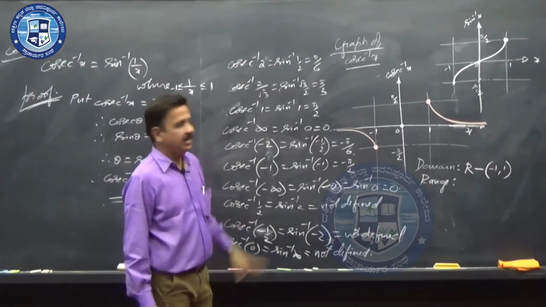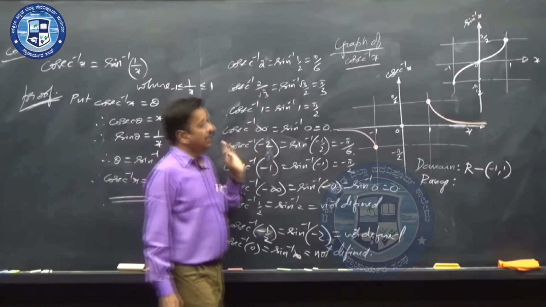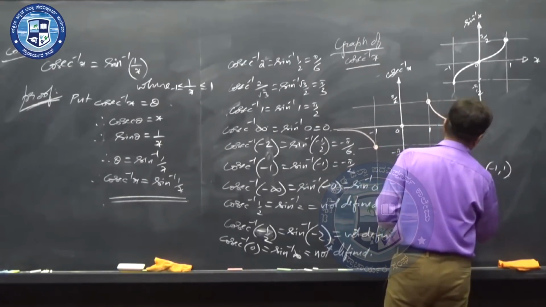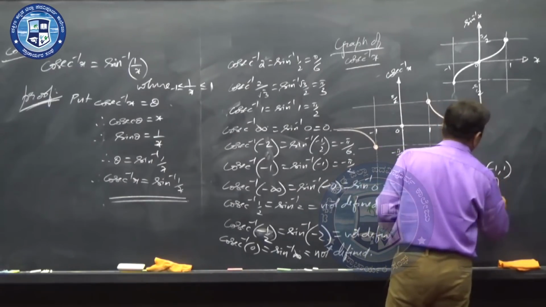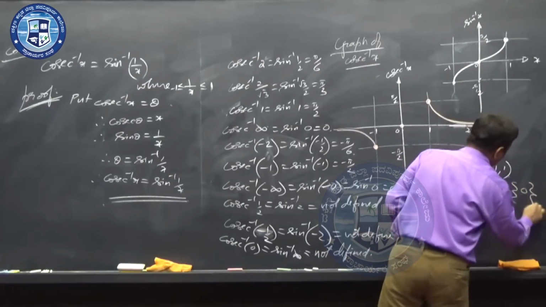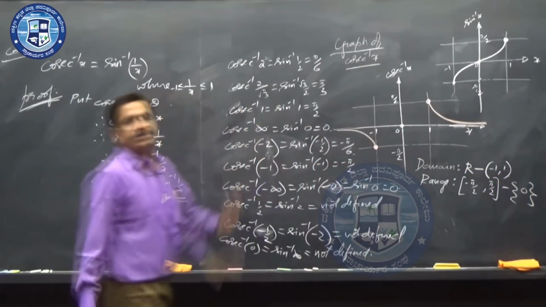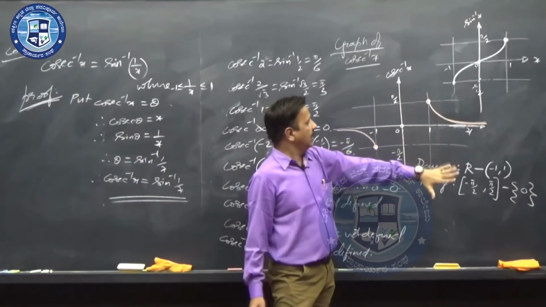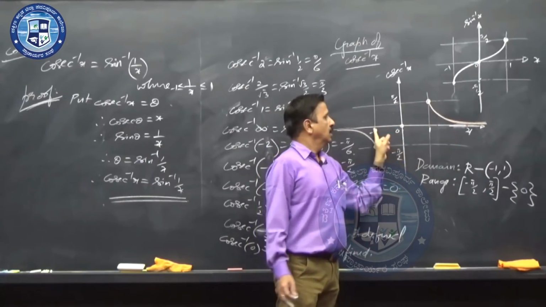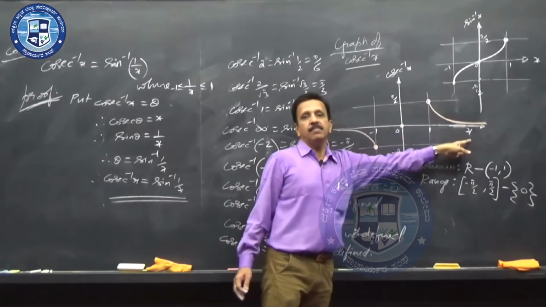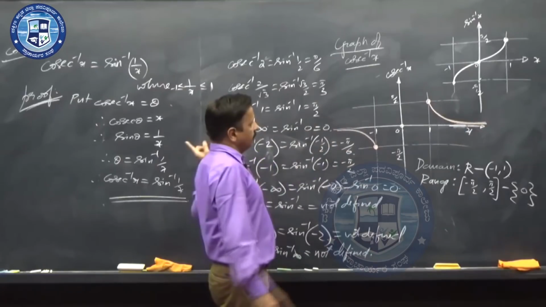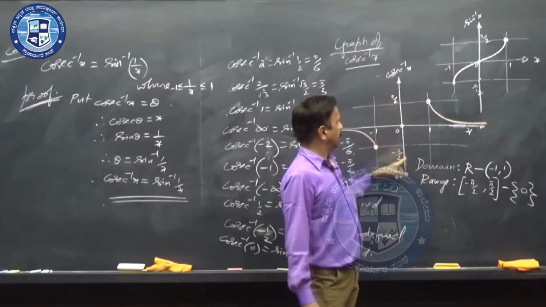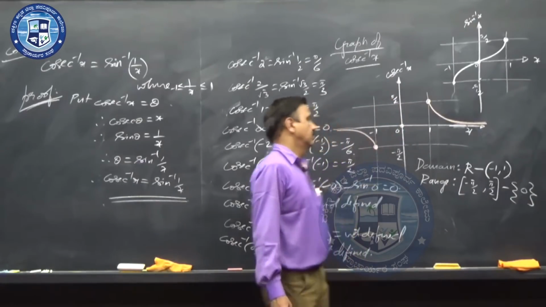How do you plot it? This is just for the purpose of analysis, which clearly says that it can take any value in the closed interval minus pi by 2 comma plus pi by 2, but it can't take 0. 0 you have got to subtract from that, that's it. It can't take 0, because infinity comma 0 and minus infinity comma 0 cannot be plotted on the graph. That is why cosec inverse x cannot take the value of 0.